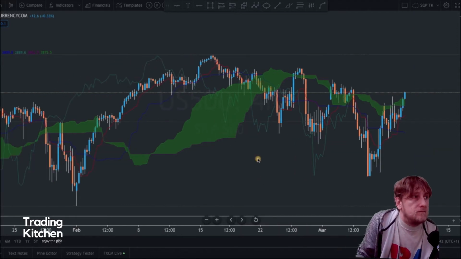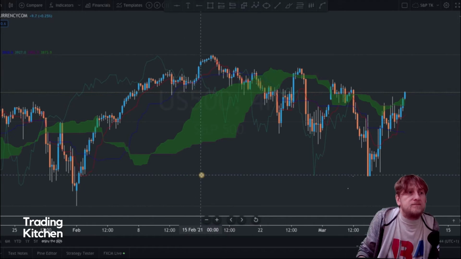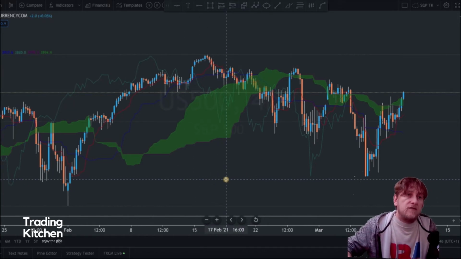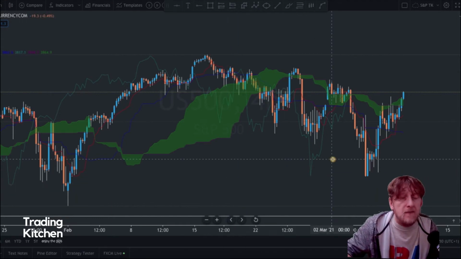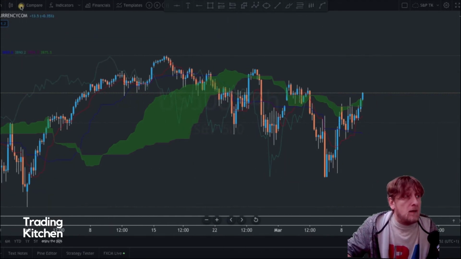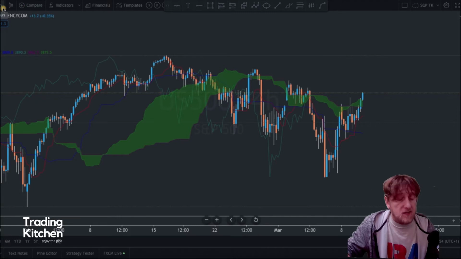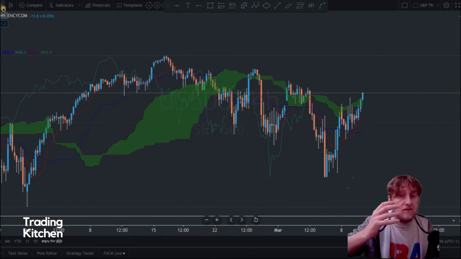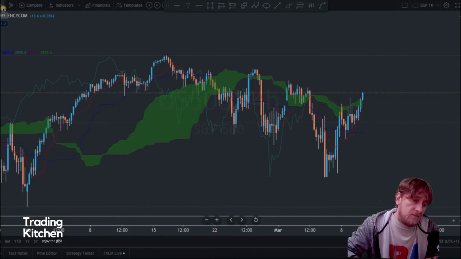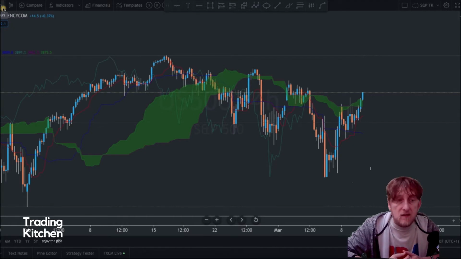So here we have the S&P chart. As with all indicators, the higher the time frame is, the more effective, the more profitable, the more valid the indicator signals are.